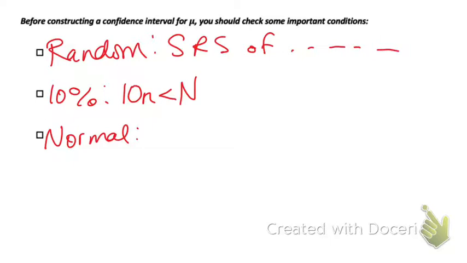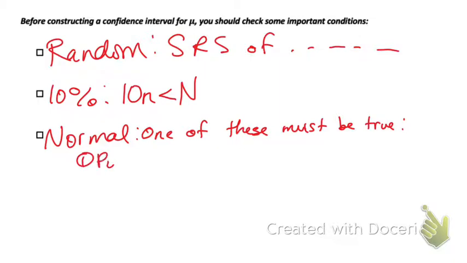We already said we cannot use the large count condition, which consists of n's and p's. We already talked about central limit theorem. Gavin reminded us about the population being approximately normal will work as well. So one of these must be true.